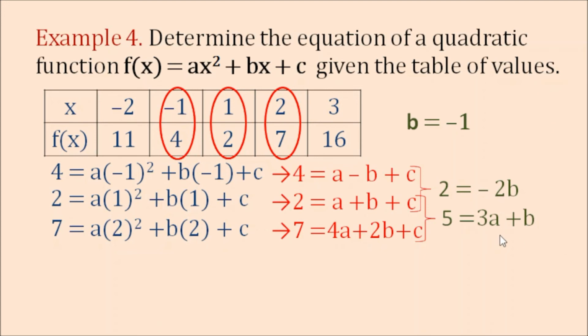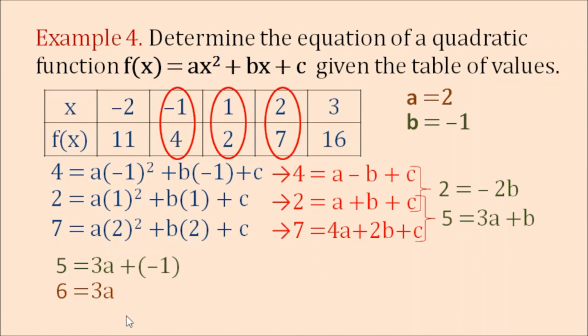Now, since we know that b is negative 1, we can change this b to negative 1. So we have 5 equals 3a plus negative 1. And adding 1 on both sides of the equation, we have 6 equals 3a. So dividing both sides by 3, that means a equals 2.